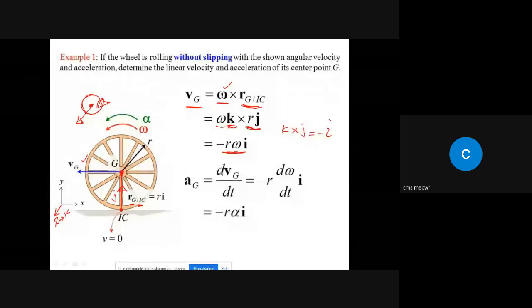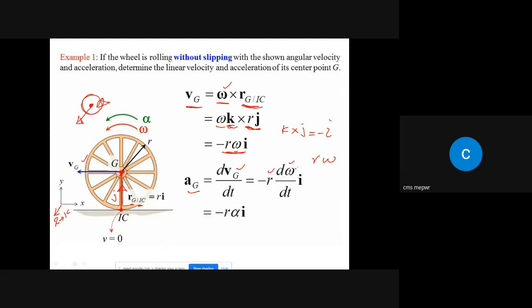Now to find the linear acceleration of point G, we know that acceleration is the time derivative of velocity at that specific instant. We know that linear velocity is equal to r omega. r remains constant, as you can see the value of r is not changing, so take r outside, and d omega by dt, the time derivative of angular velocity, gives angular acceleration.